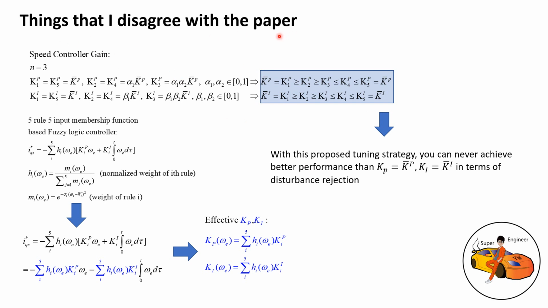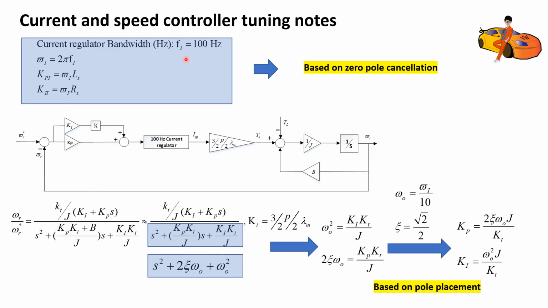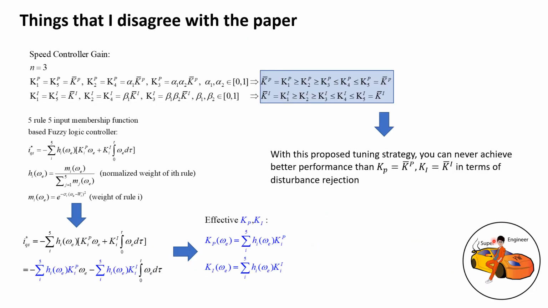And these are things that I disagree with in the paper. The paper basically suggested that we use this kind of method to have an initial tuning, and then that initial KP bar, KI bar, we can set to this rule 1 output, and rule 5 KP to be the same as that largest one.